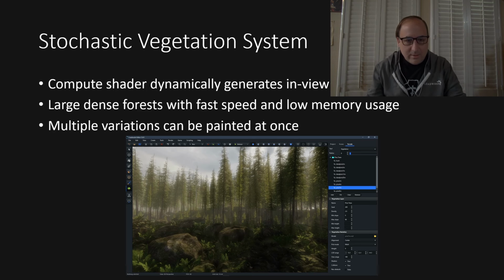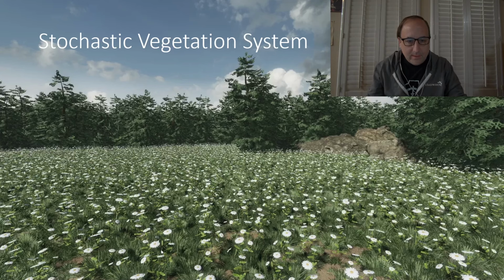So that's another feature that I think stands out very nicely. You can see each of these flowers here, none of it is actually stored in memory. So you can have huge terrains with millions of instances, and it just doesn't consume any memory.